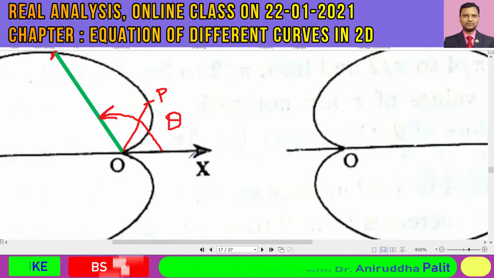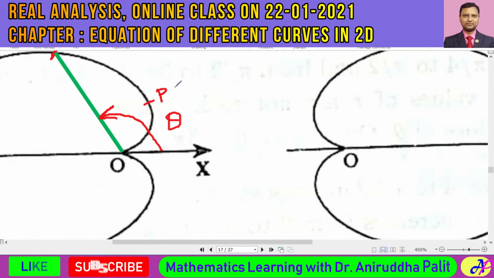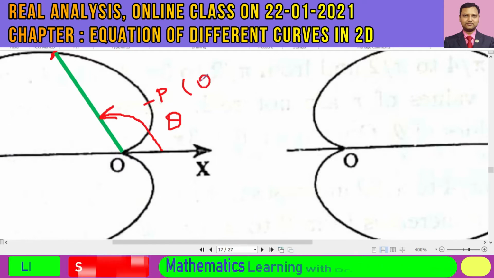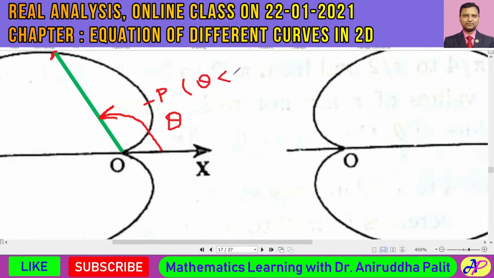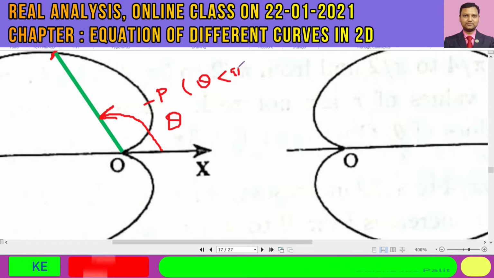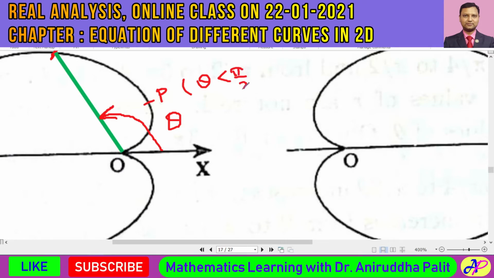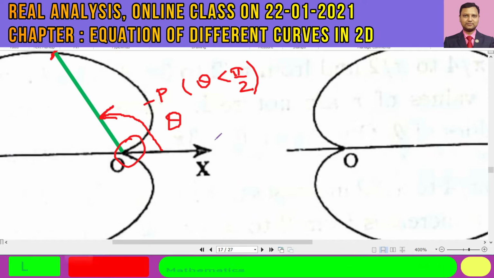Therefore, in this kind of case, whenever P is at this position, theta would be less than pi by 2. In fact, when P is situated at this point O, theta would be equal to 0.